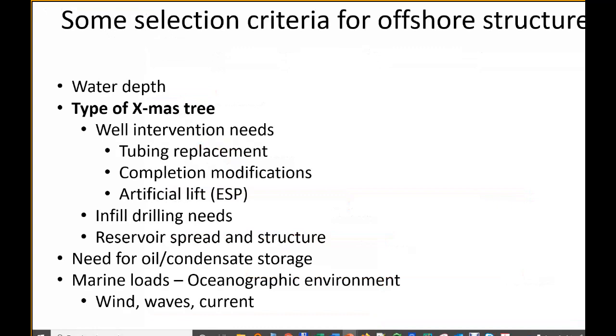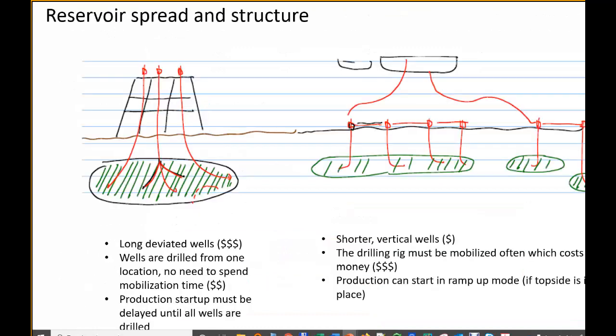Okay, now type of Christmas tree, as I told you, one of the criteria is reservoir spread and structure. For example, if you have a big unit which is not very spread, which you know you can reach with deviated wells, not extended reach drilling but deviated drilling, you can maybe drill all the wells from one location or use a single platform and use platform wells.